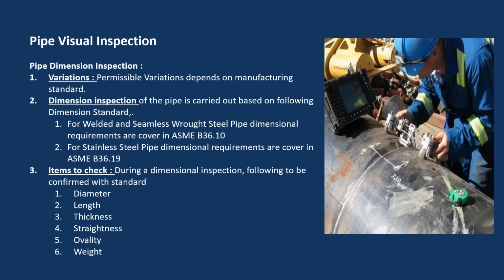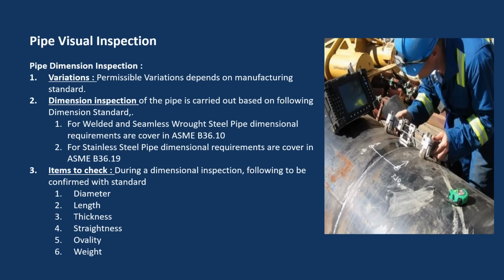Now, pipe dimension inspection. There will be some variations when we are checking the material visually. Those permissible variations depend on the manufacturing standard. We have to look into the specific manufacturing standard where all these variations are given. If it is within the range, then we can say it is okay and good to go. Then dimensional inspection.